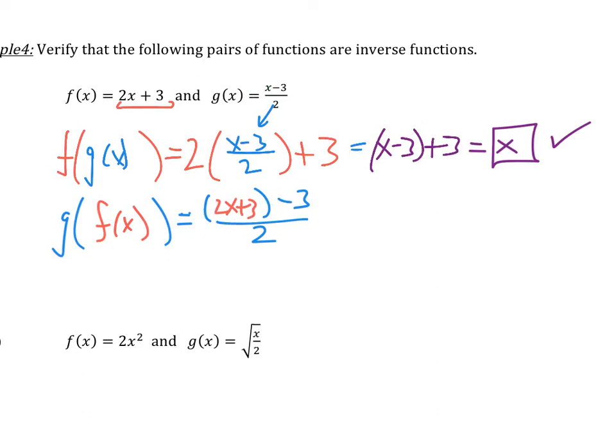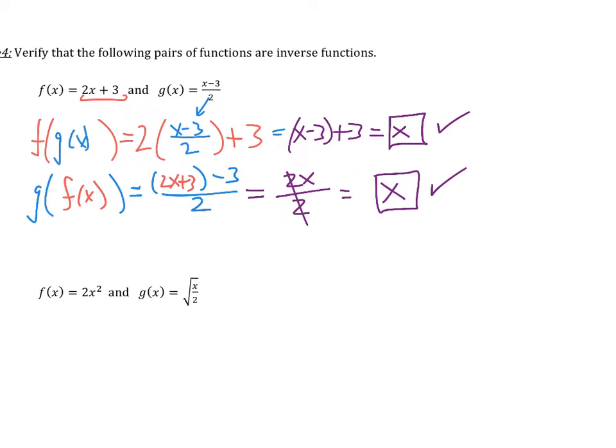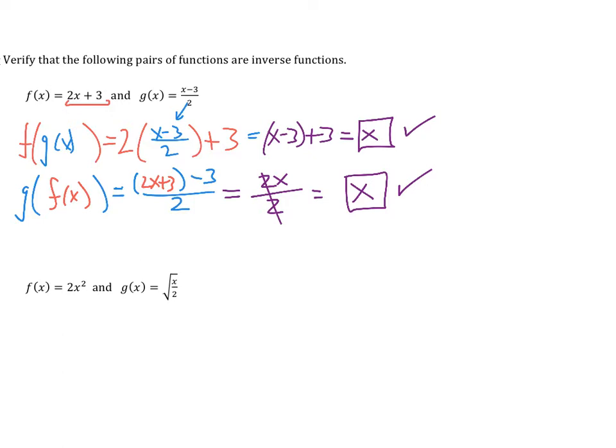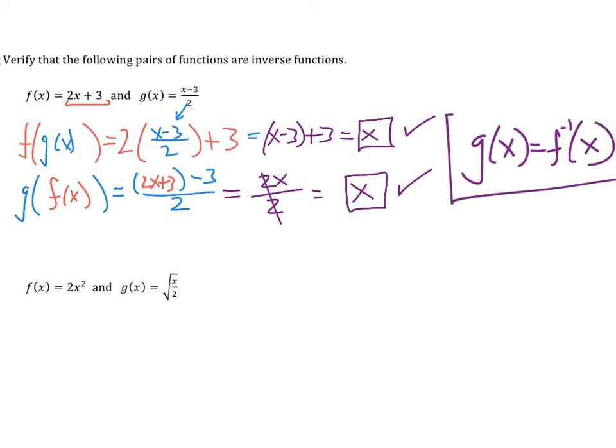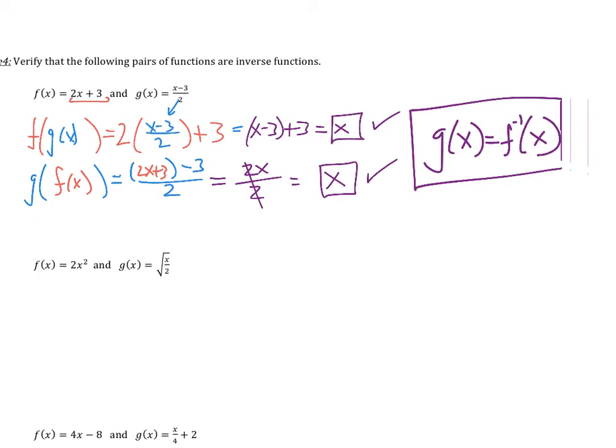And we get this. Well, let's simplify. We've got the plus 3 minus 3. So that's going to be 2x on top over 2. And these 2's will cancel. And we get x. And that's what we're going for. So yes, these are inverses of each other, so we can say that g of x is the inverse of f. Okay? Yes, they are inverses. Okay, we can also say that f is the inverse of g also. It goes both ways.